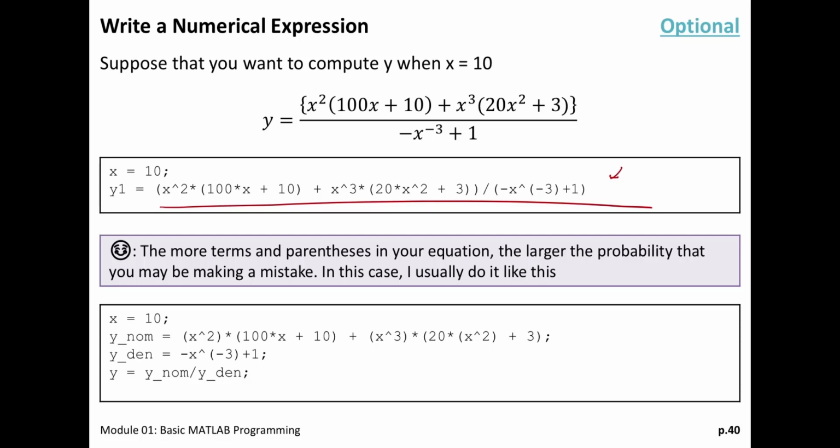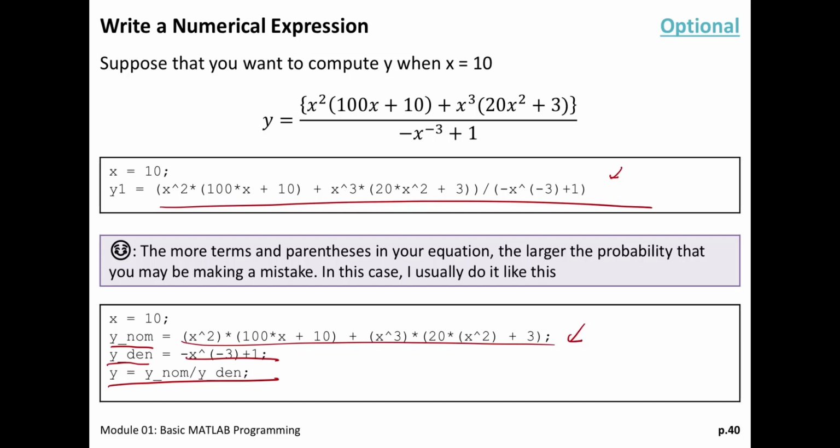However, the better approach is to separate the denominator and numerator. So by introducing two variables, it's like this. You introduce y numerator and y denominator, and separate these two. And then you write another line with the division between them.